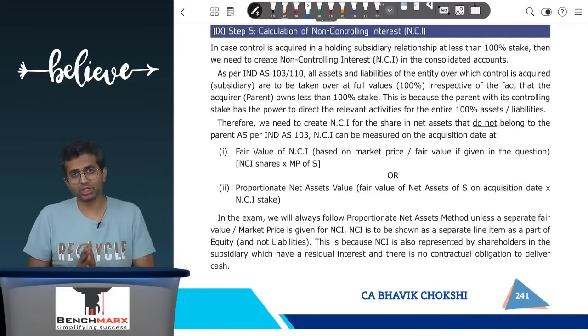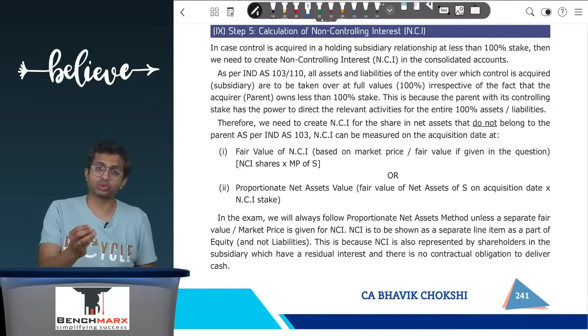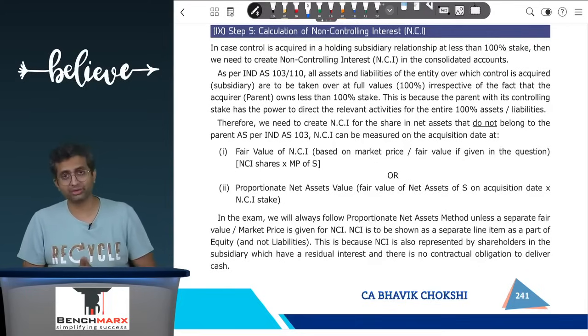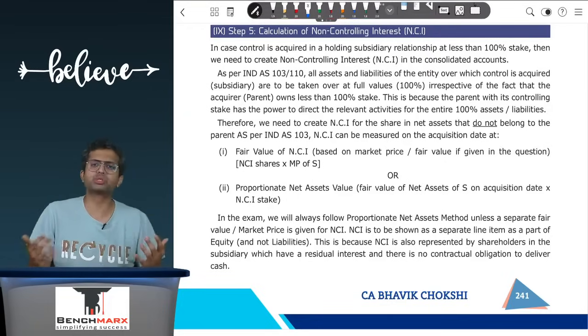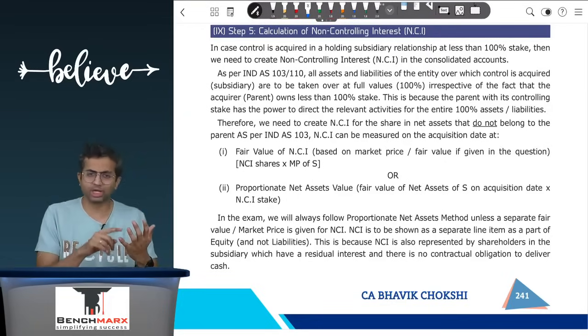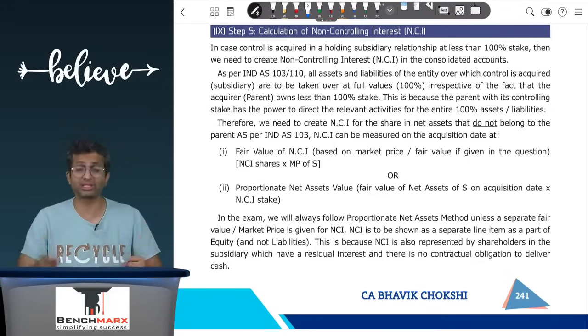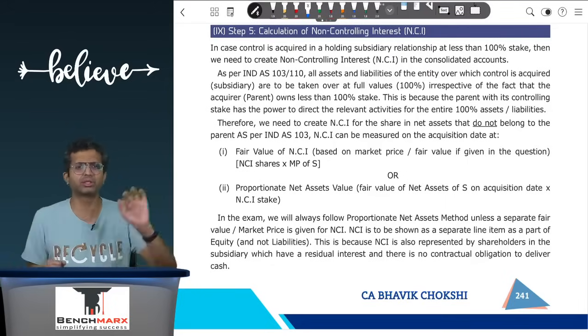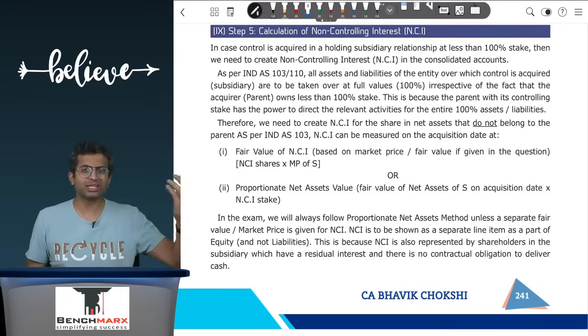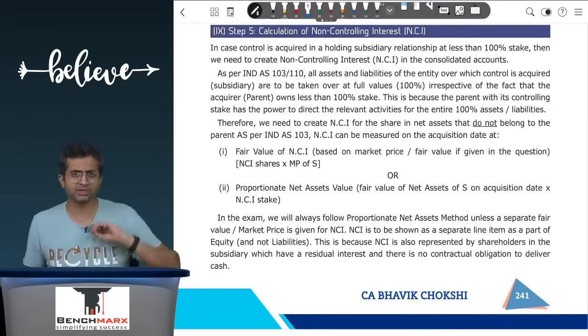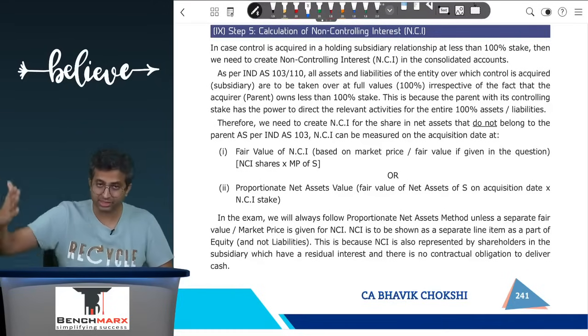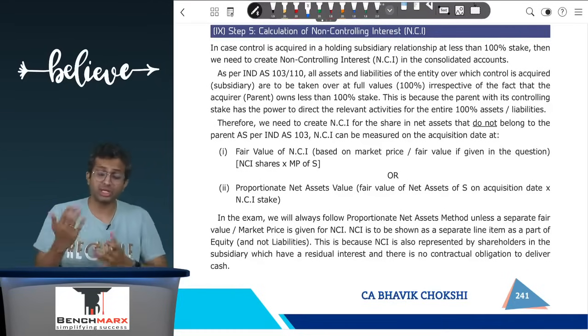So that is one of the methods. The second method is calculating non-controlling interest using the proportionate net assets method. Share valuation can happen using various methods, like the market price, like Gordon's formula, like EPS into PE, various methods. One of those methods is the net assets method, assets minus liabilities. If I don't want to do a separate valuation of the shares of the subsidiary which are held by the NCI, I can look at the assets minus the liabilities that I am taking over.